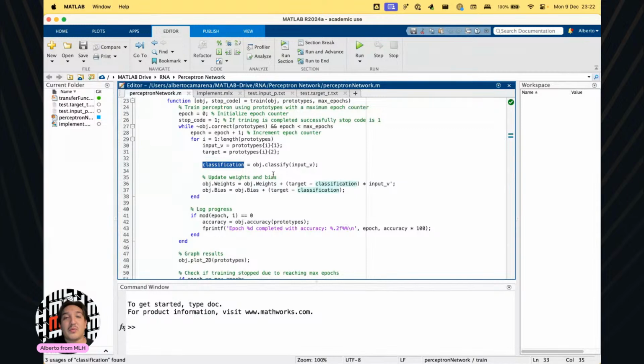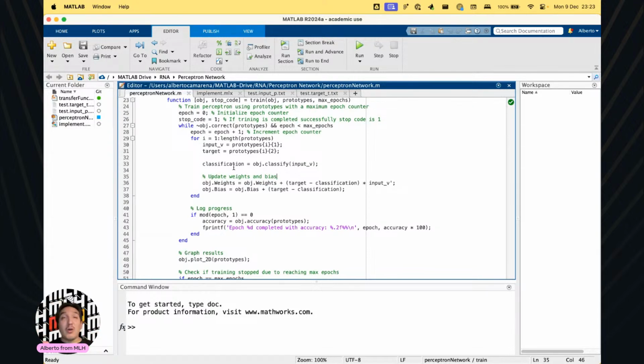Now, remember the learning rule. Here we could do 2 things. The first one is to check the 3 values to make decisions: if this classification is 1 and the target was 0, and so on. If the target is 1 and the classification is 0, do another thing.